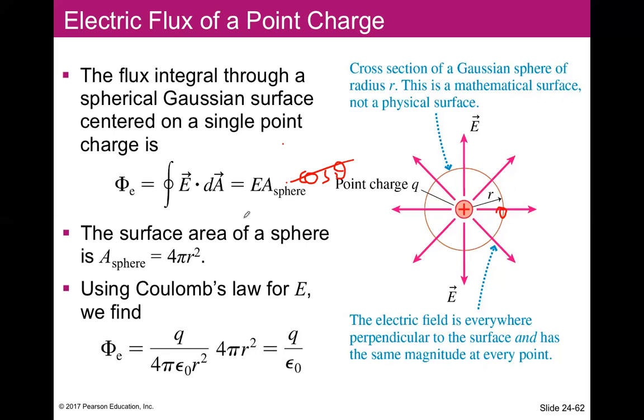And A is very easy to calculate. E is constant, A is 4 pi r squared. Then you can easily calculate this flux to be E times 4 pi r squared.